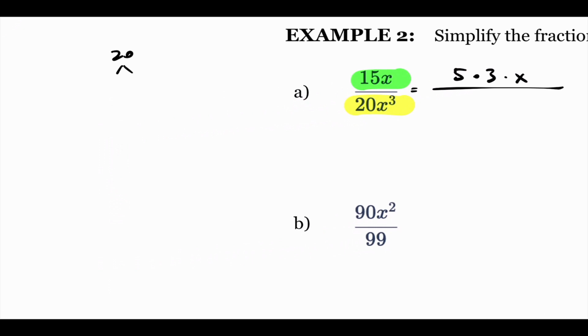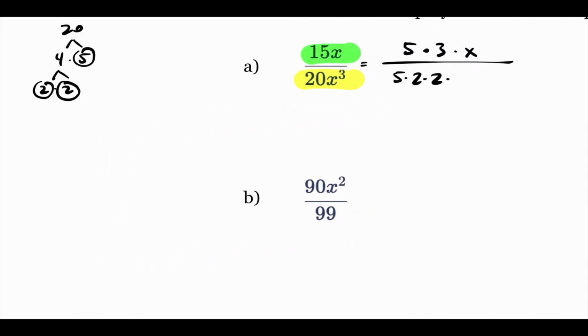So 20, I can go 4 times 5, circle the 5, and then I can go 2 times 2. Okay, so 20 can break down to 2 times 2 times 5, or 5 times 2 times 2. And then it's got x to the third power. That means x times x times x. Okay. Step 1 done. Broke it down.